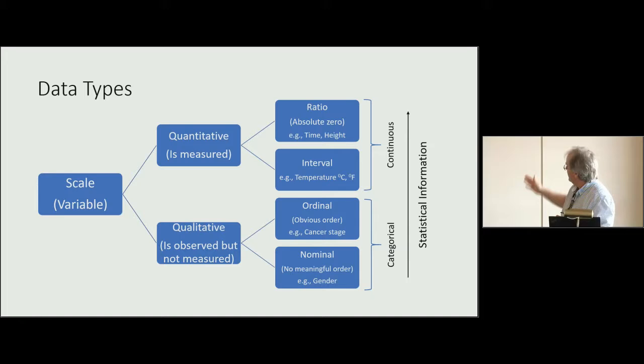As the slide indicates on the far right here, as you increase in the scale, nominal, ordinal, interval, ratio, you're increasing statistical information. So if you're designing a study and you're looking at a nominal level variable outcome, that's going to be less efficient than if you can characterize that measurement on some sort of continuum. Okay?